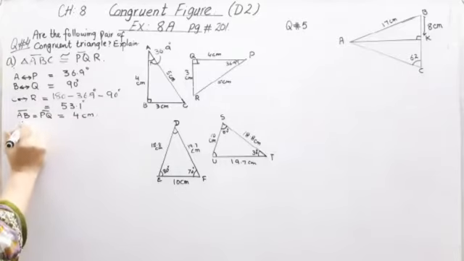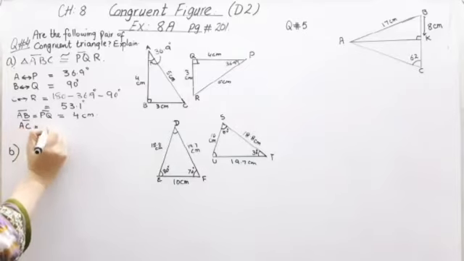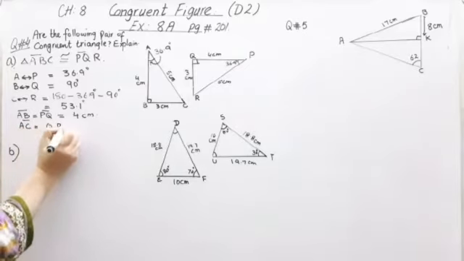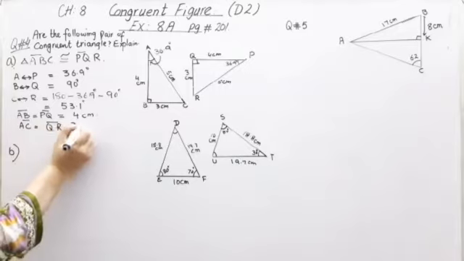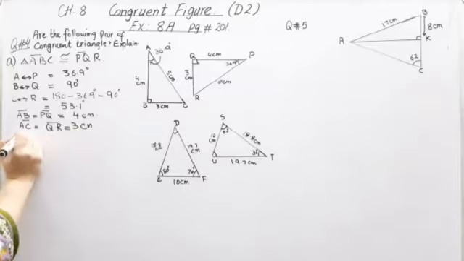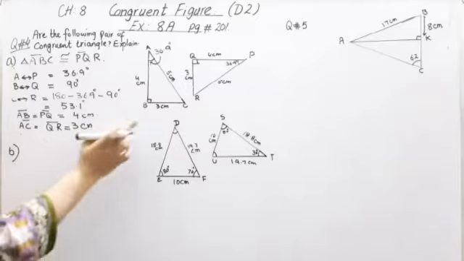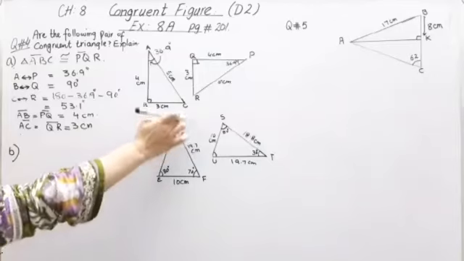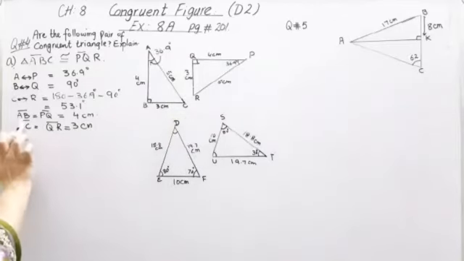AC is equal to QR, 3 centimeters. BC is 3 centimeters and QR is 3 centimeters.